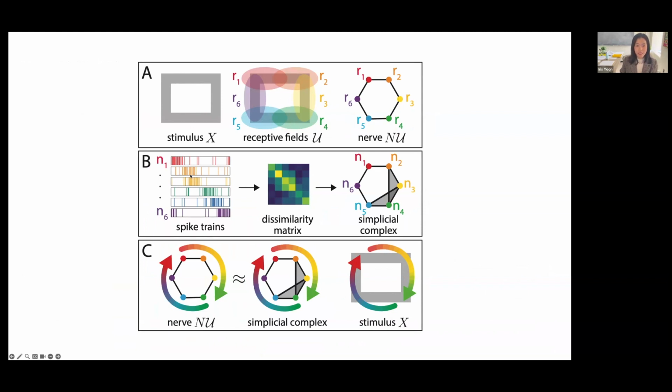And if you measure the spike trains of your neurons and measure their similarities and then build your simplicial complex, this should be a good approximation to the nerve, or the topological simplicial complex that you built out of the good cover. So really, using the spike trains and maybe a good notion of what it means for two spike trains to be similar, you can then reconstruct the homotopy type of your environment.